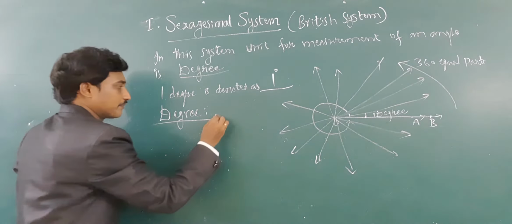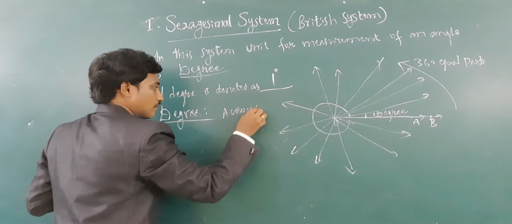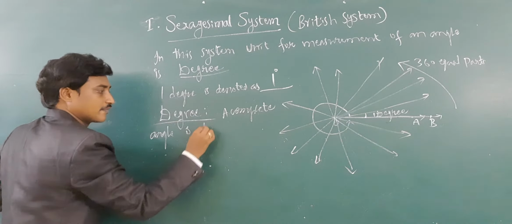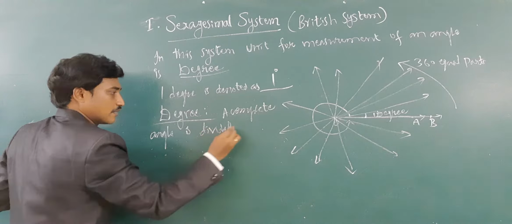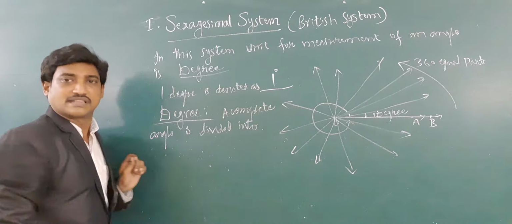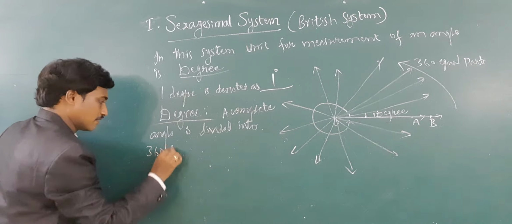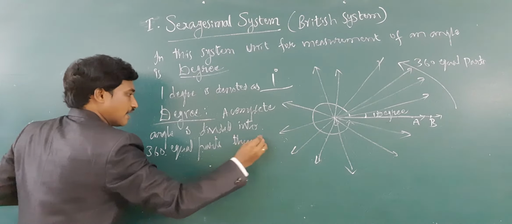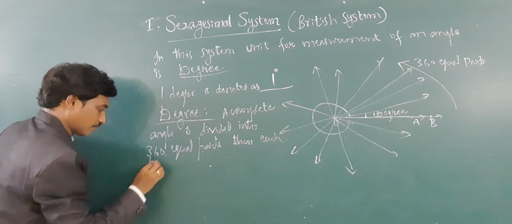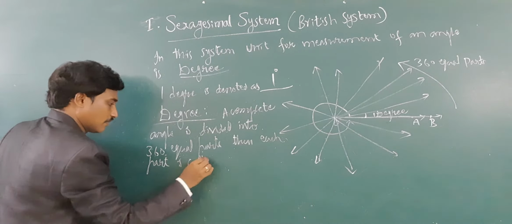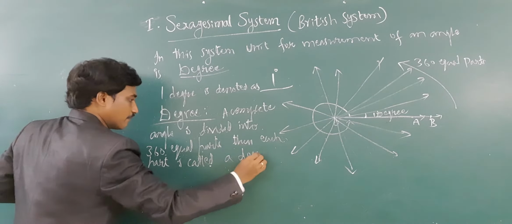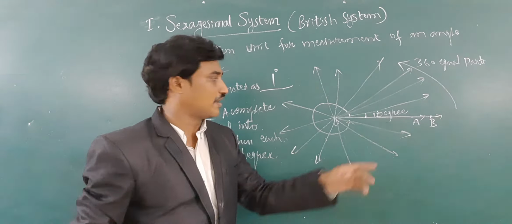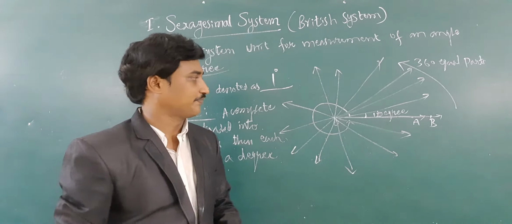A complete angle is divided into 360 equal parts. Then each part is called a degree. It is 1 degree. There are 360 degrees here.